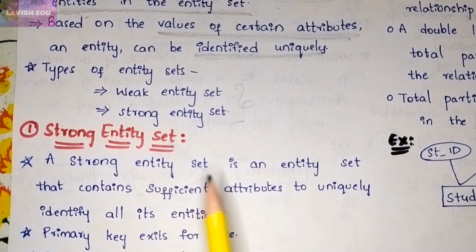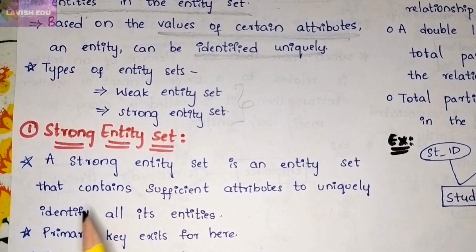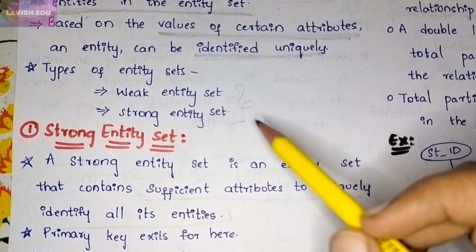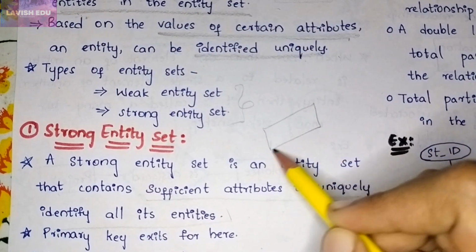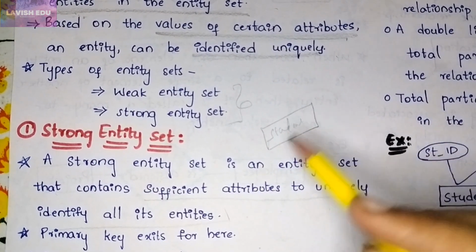Strong entity set. A strong entity set is an entity set that contains sufficient attributes to uniquely identify all its entities. What is this term, sufficient attributes to uniquely identify all its entities? If I define an entity just like student, student is an entity.